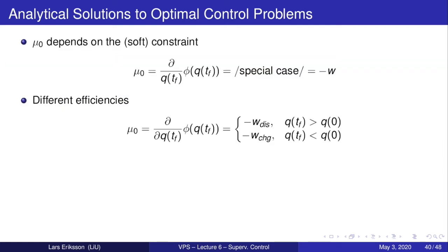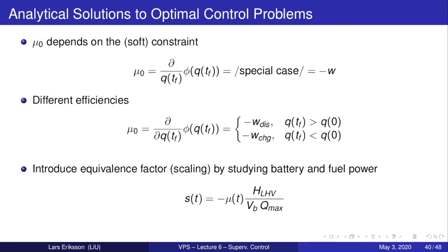So a motivation for the name ECMS comes from that you look at the co-state variable that depends on the soft constraints, and we initially had this W as the weighting factor. We can have different efficiencies of the system for discharging and charging, and we introduced an equivalence factor by studying the battery and fuel power.